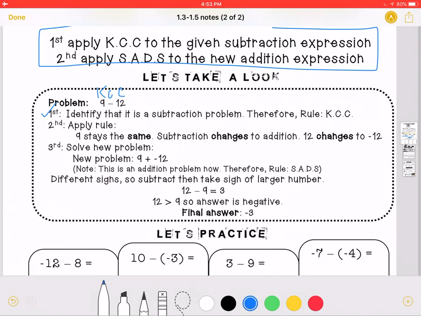When I say to keep, I'm going to keep the 9 the same. So I would just keep it as 9. I'm going to change, so that C, remember, means change. I'm going to change that subtraction to addition.